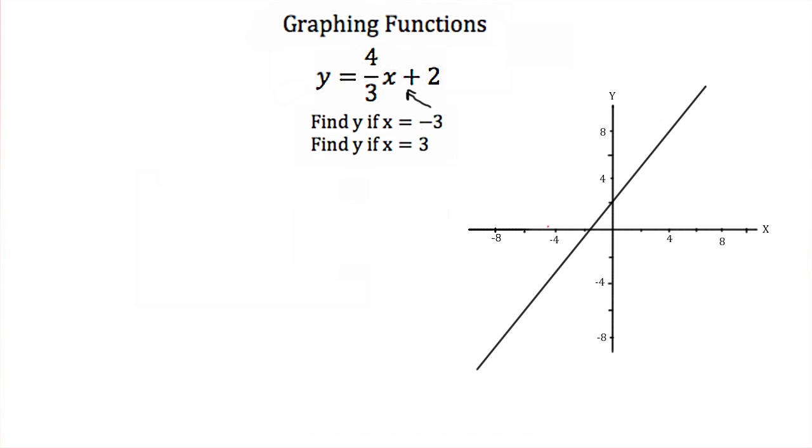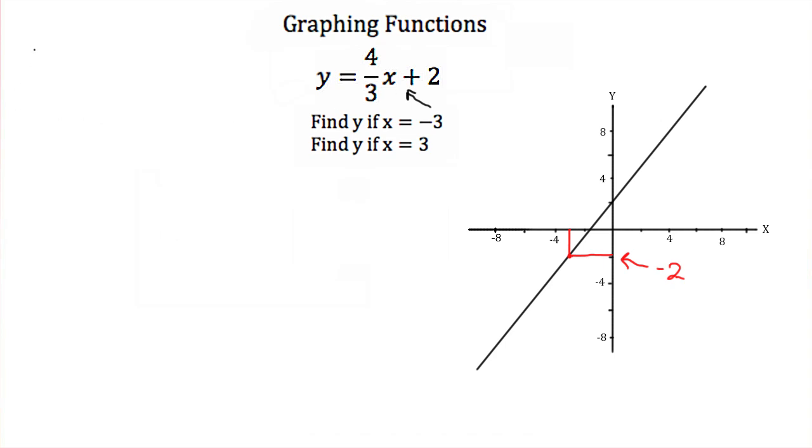If we go to negative 3 on the x-axis and we travel perpendicular to that axis, or straight down towards our function, when we hit our function, we'll turn and we'll go towards the y-axis. And it looks like for negative 3, our y is about negative 2. Well, let's check this. We'll plug it in.